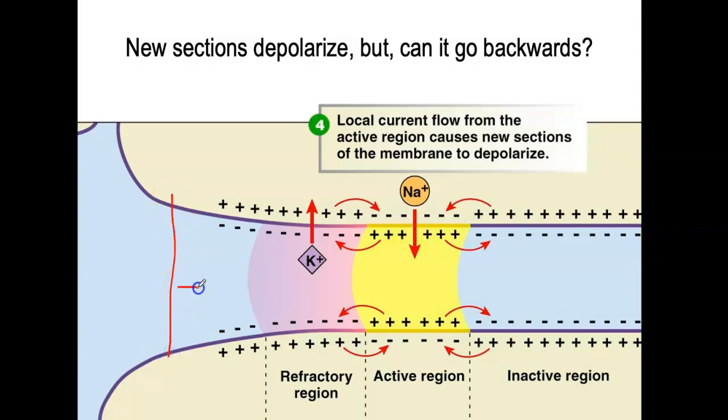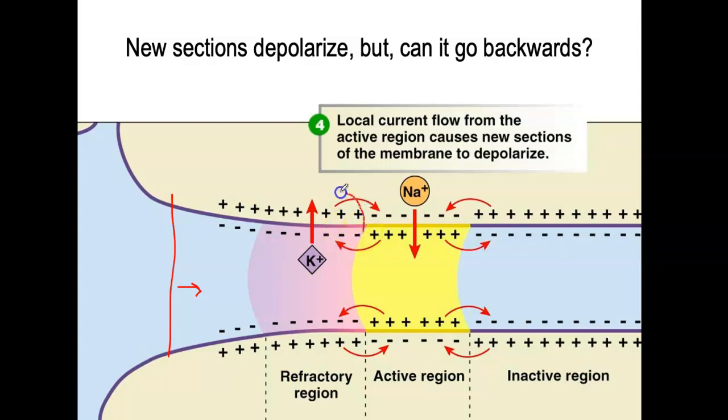If it's coming in this direction, and you go immediately behind that active region, there's a region where the potassium channels are still doing their thing. Sodium's already done it. It's already poured in and then stopped. But potassium is kind of still doing its job, and its job is to extrude potassium, getting that potassium outside of the cell.